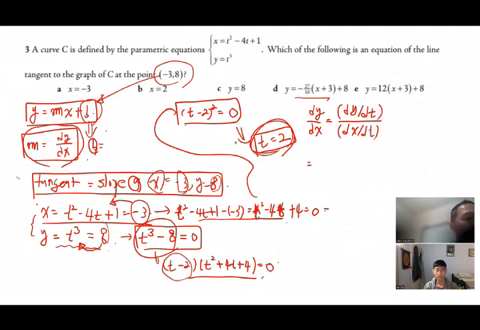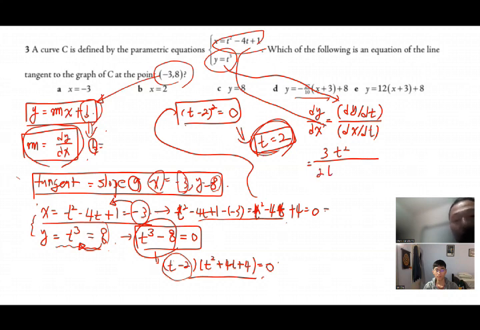Now y equals t cubed, so dy over dt should be 3t squared, and the denominator is dx over dt. Plugging in x, that should be 2t minus 4. And now you have to find that value at t equals 2.